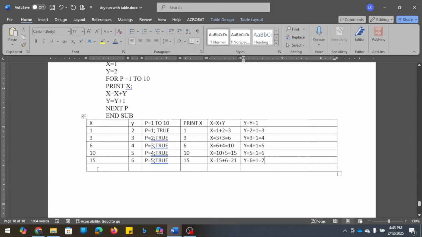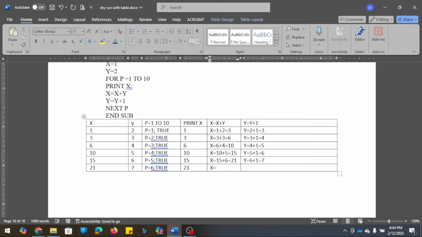Now the next situation, p is moving 10 times, so x becomes 21, y becomes 7, p becomes 6, again true. Now print x, 21.